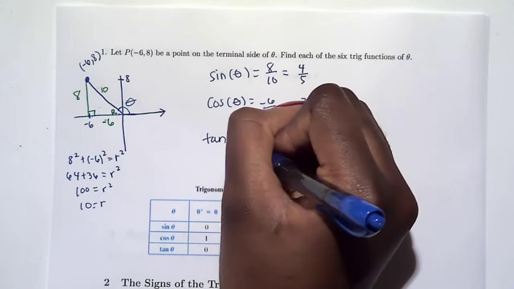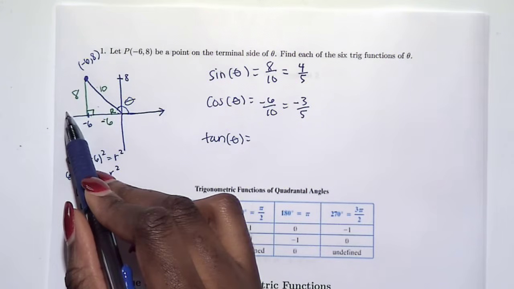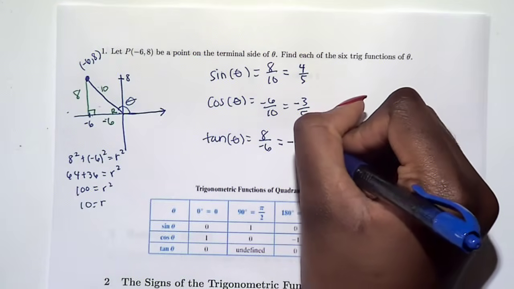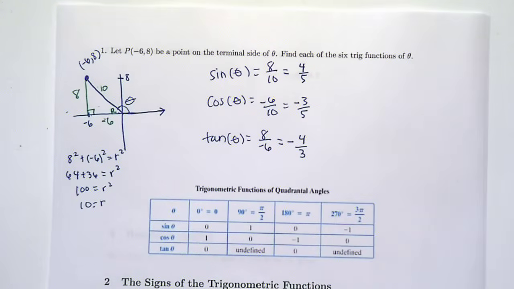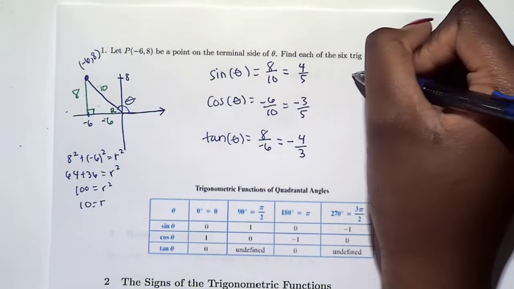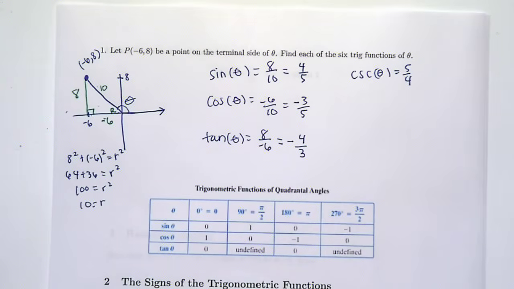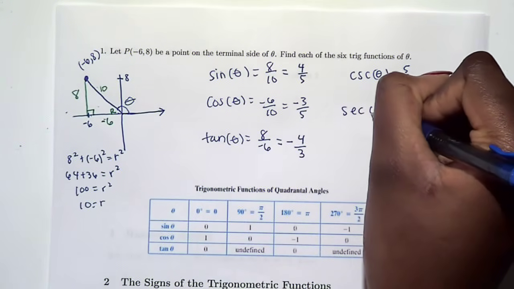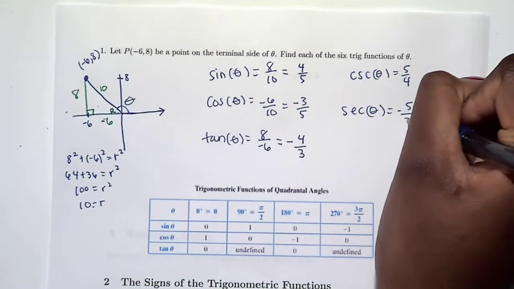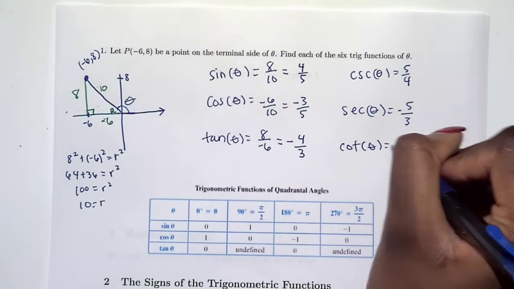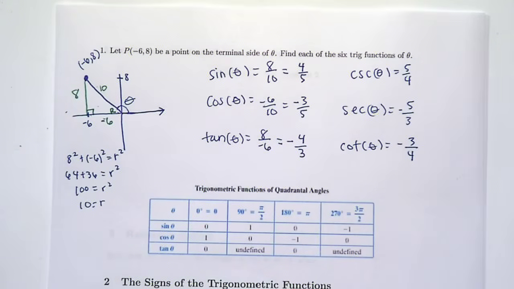We want tangent of theta, opposite over adjacent. And then we want to take the reciprocals. All right, so we were able to find our trig functions of this angle using this reference triangle.